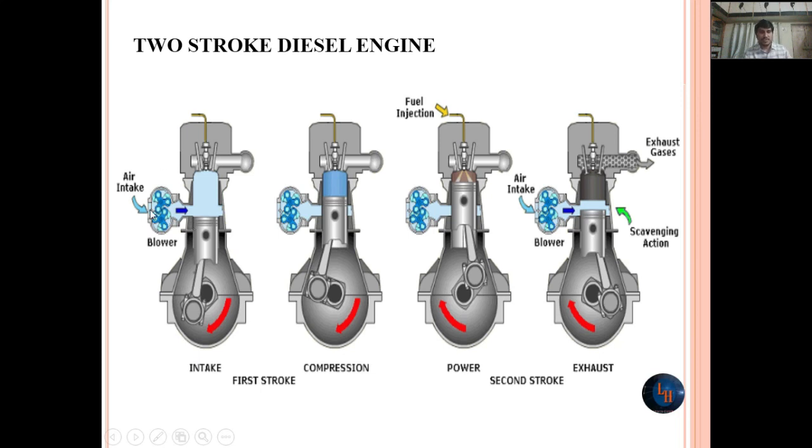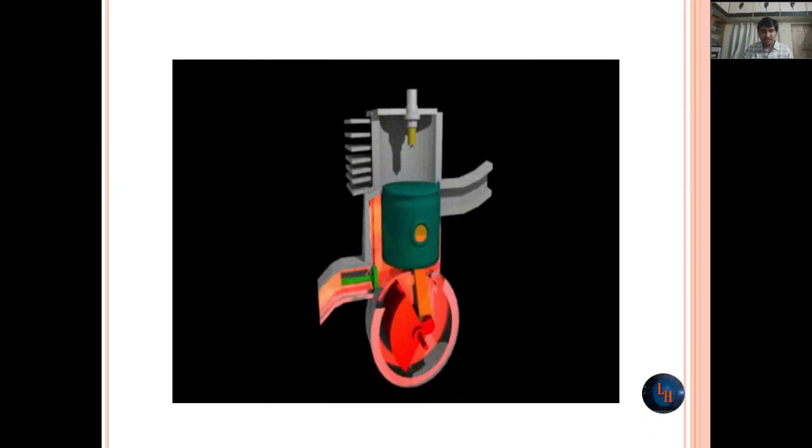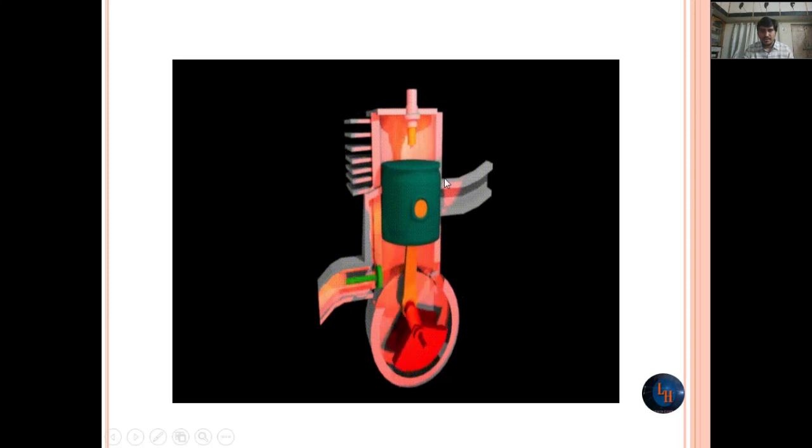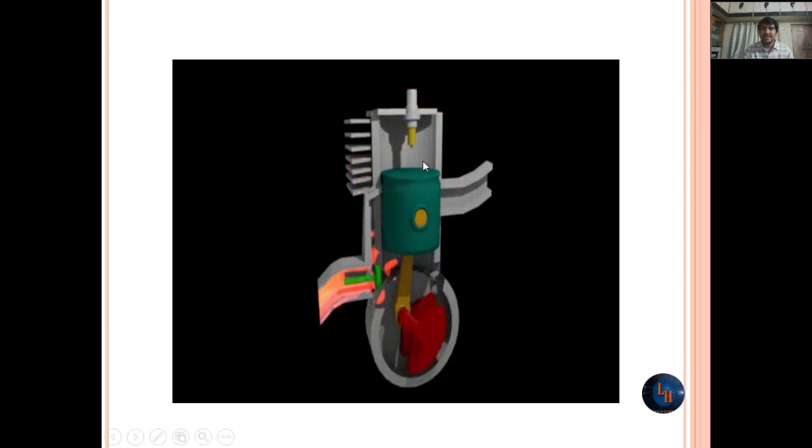In the petrol engine, through the inlet port we enter the fresh charge, meaning the mixture of petrol and air, through the carburetor, while in the diesel engine only fresh air is entered through the air filter into the crankcase. Now we discuss how the two-stroke diesel engine works. First, the piston is at TDC.